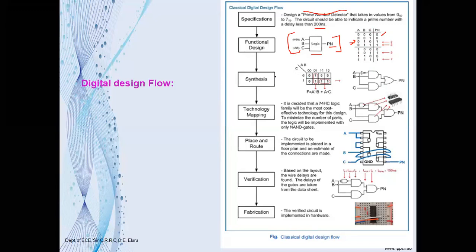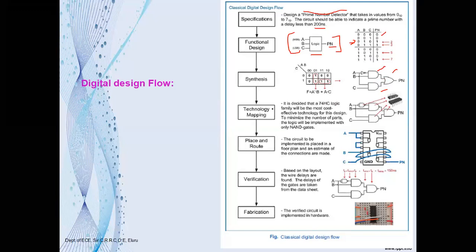Now the synthesis translates the block diagrams or truth tables into the circuit level, so the circuit consists of digital gates. You are minimizing the logical functions, and they become circuit diagrams.